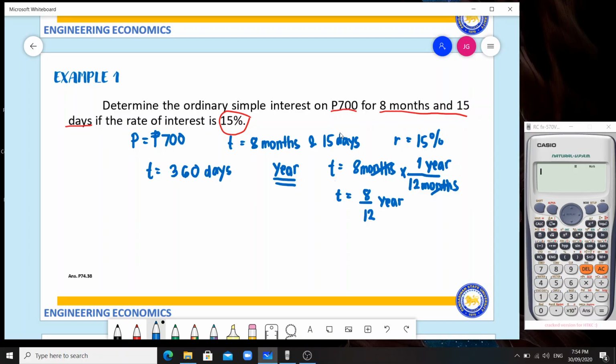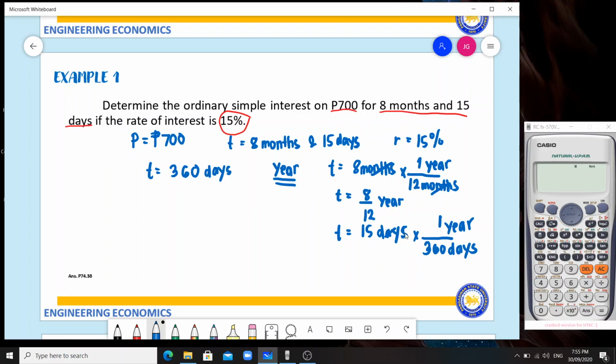Now, hindi pa tayo tapos. Meron pa tayong 15 days. So, we have to convert the 15 days into a year. So, 15 days times, ilang days daw sa isang taon kapag ordinary, di ba sabi is 360 days, in 1 year.